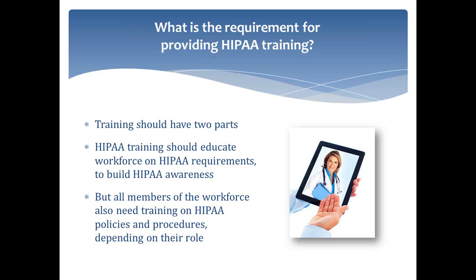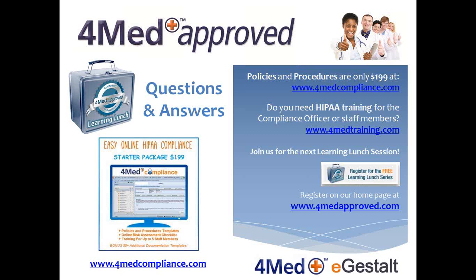But there's another aspect to it that is important as well, which is that people in the workforce need to understand what the organization's policies and procedures are. So on the one hand, they need to understand HIPAA, but they also need to understand what the policy and procedure expectations are, depending on their role in the organization, for how they're going to handle PHI. So I think there's two parts to it that are really important. Would you like to add anything to that, Anupam? No, I think you covered it all there.